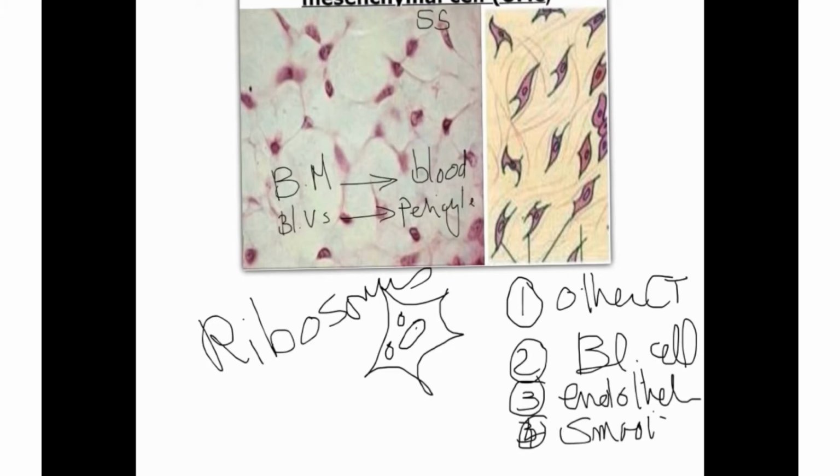So it gives rise to the blood cells, the endothelium lining, and the smooth muscle in the wall of the blood vessels. And this is in addition to the first function, which is giving rise to the other connective tissue cells.